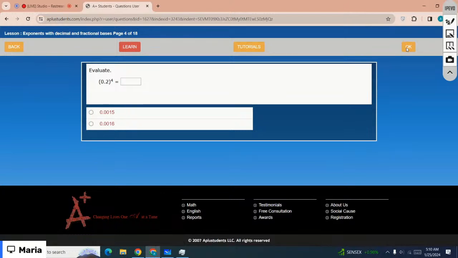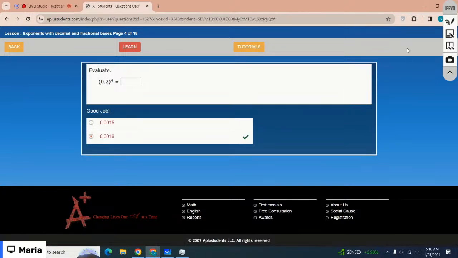The correct option is, you have to multiply 0.2 4 times, right? So that is 0.0016. Very good. Option number 2 is the correct option.